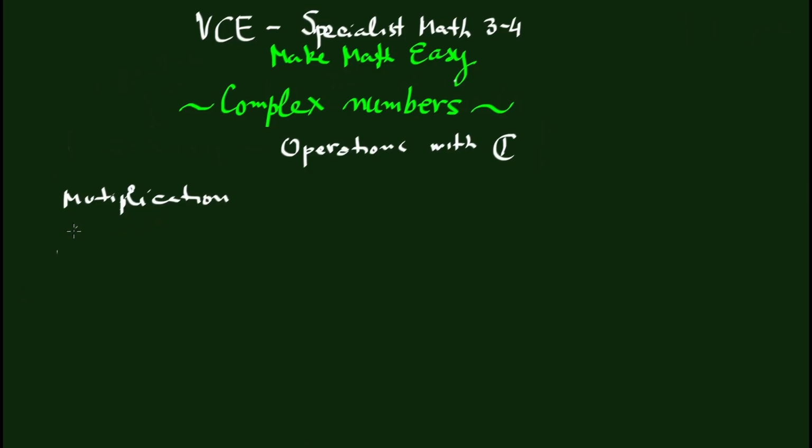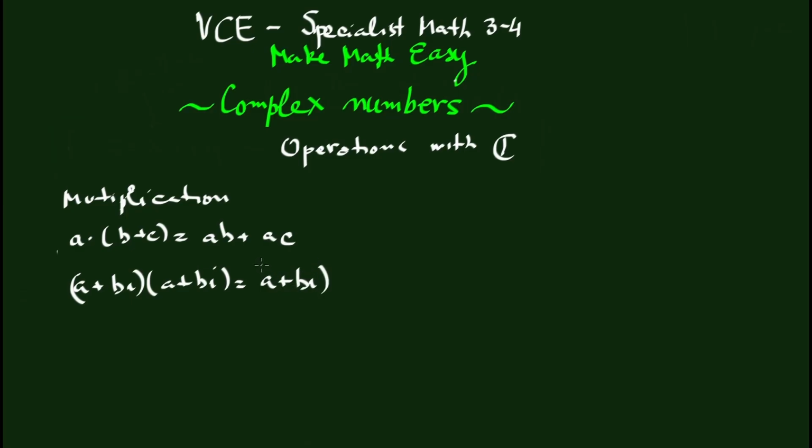We use the distributive law, so a times (b plus c) equals ab plus ac. And if you remember, if you multiply a plus bi times a plus bi, it becomes (a plus bi) squared.